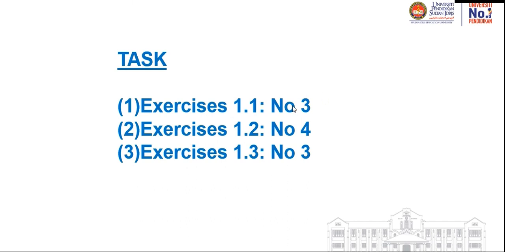The task is exercises 1.1 number 3, exercises 1.2 number 4, and exercises 1.3 number 3. You need to do all of these, save them as PDF, and give me the link. So I repeat, give me your name, metric number, group C, and the link.